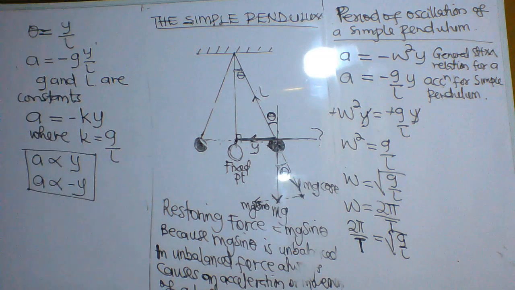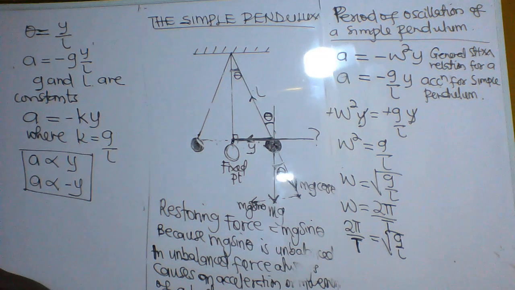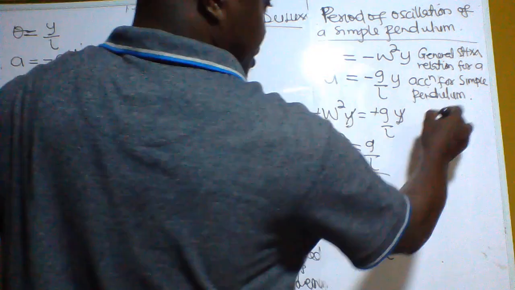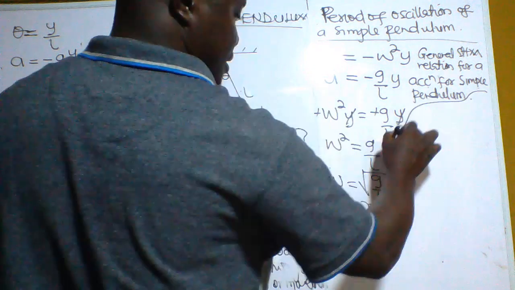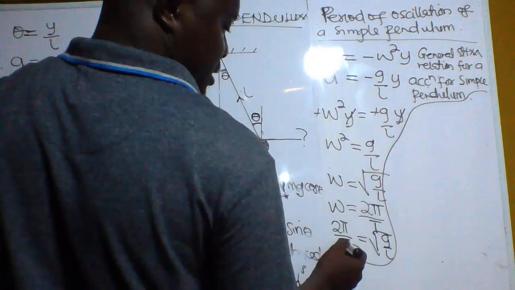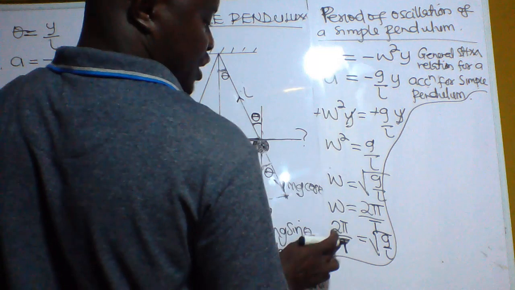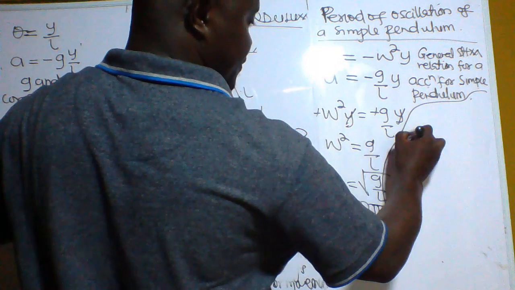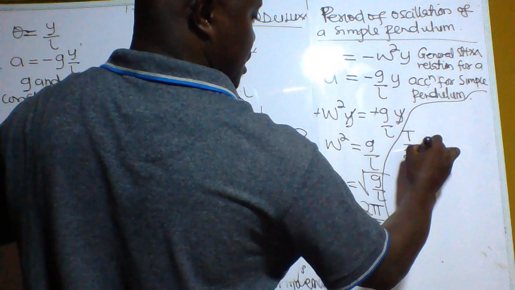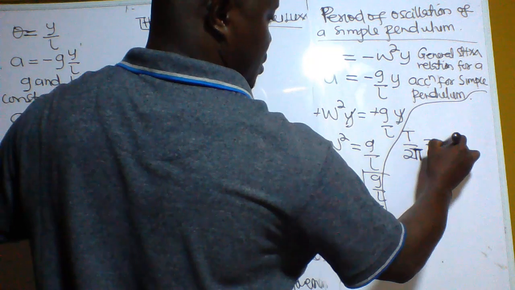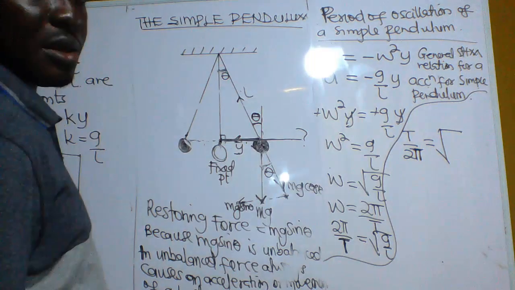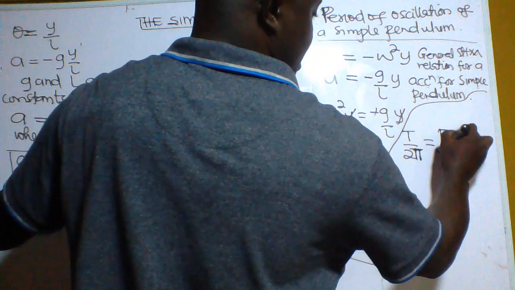Let's try and make T the subject. When we reciprocate this, the left hand side we have T on 2 pi equal to the square root, then we have to reciprocate the right hand side to L on g.